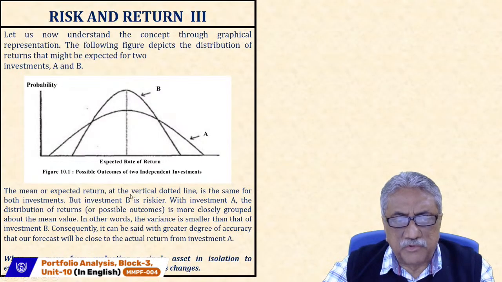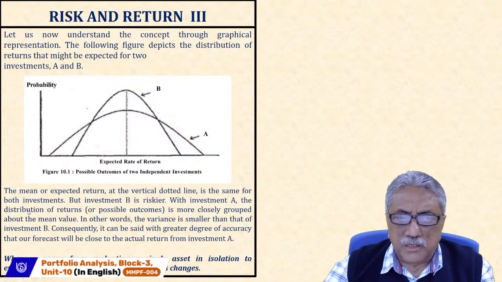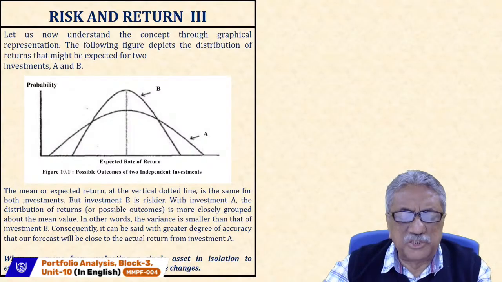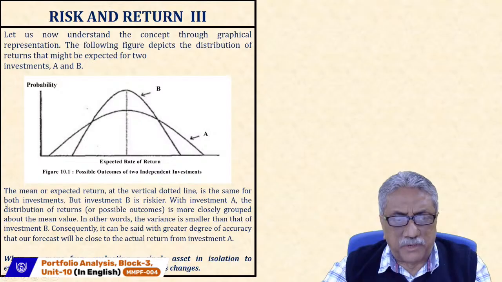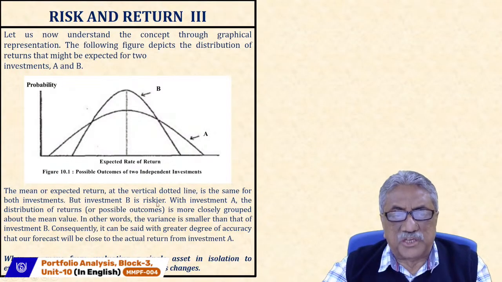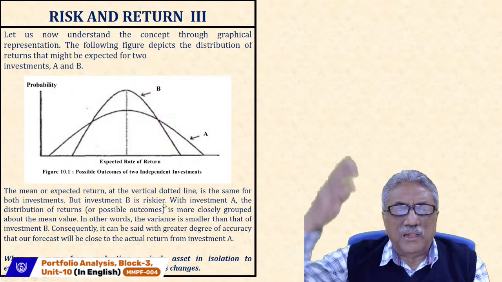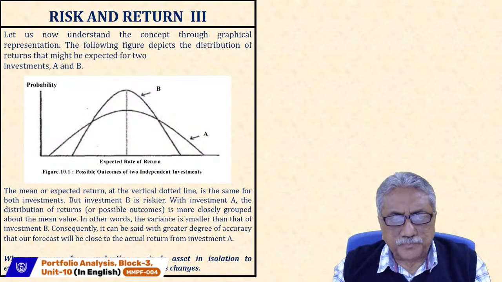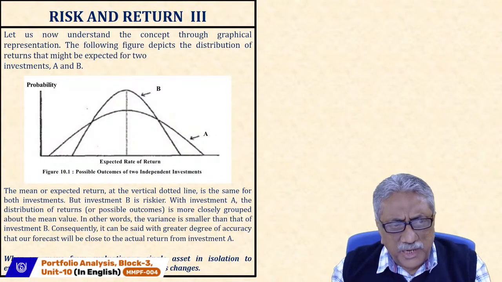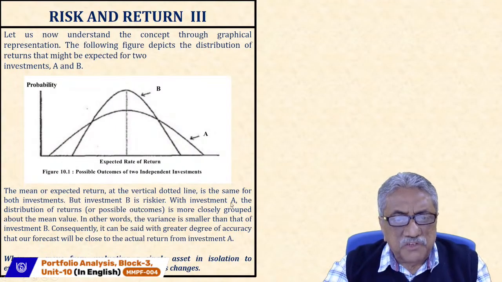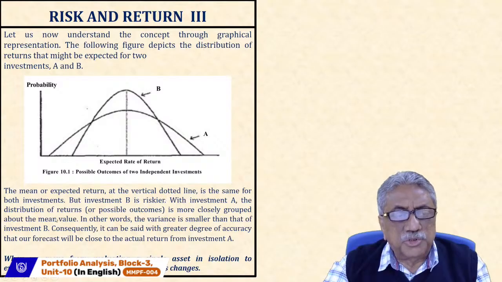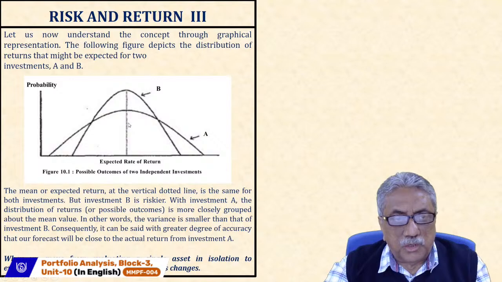The mean or expected return at the vertical dotted line is the same for both investments. Mean return, average return, is the same for both. But investment B is riskier. It's going high and then it can come down. With investment A, the distribution of return or possible outcomes is more closely grouped around the mean value.